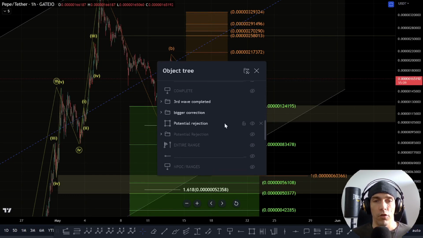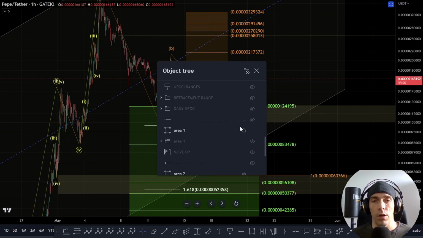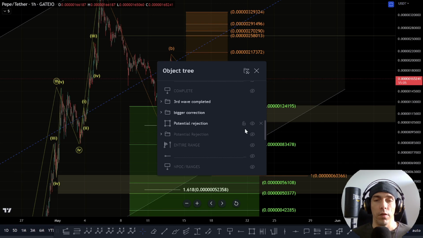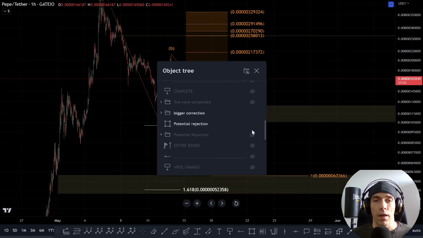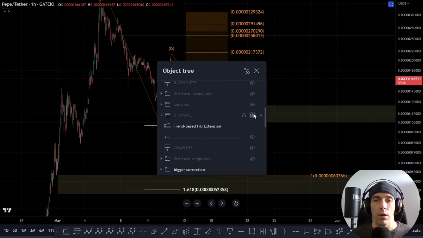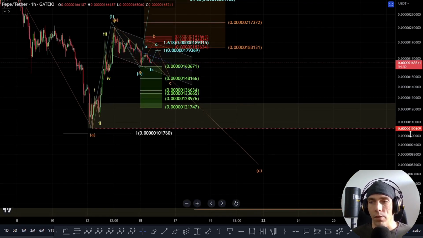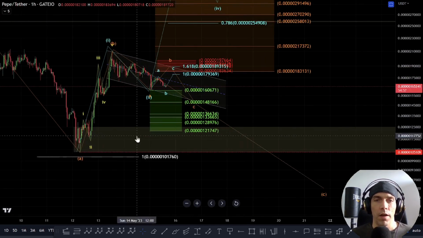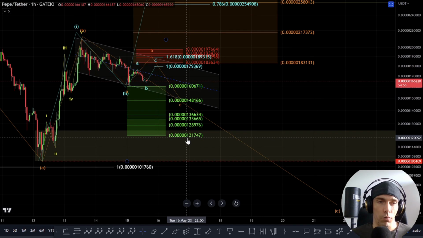So the bullish scenario here, the key thing that we need to see within this is actually maintaining this low here. We need to maintain this 105, 109, and then really I wouldn't want to see a drop too much lower than this zone here of this 121.747.